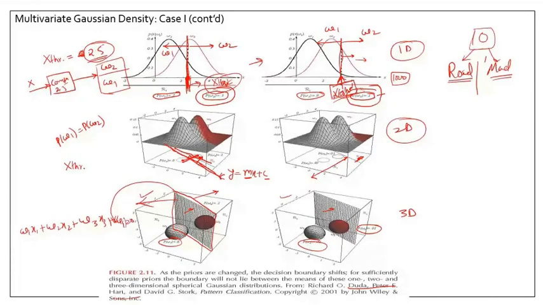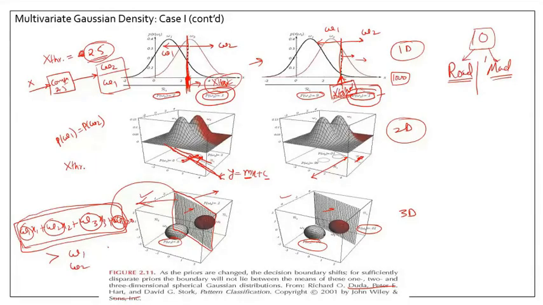So you have to remember 4 variables and solve this equation and then take a decision. If this quantity is greater than 0, you say omega 1, otherwise you say omega 2. So this is the way we do it in real life.